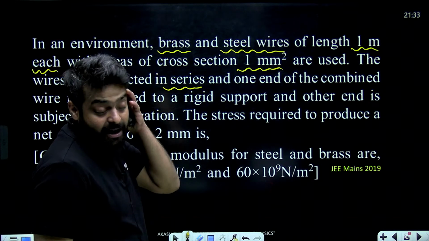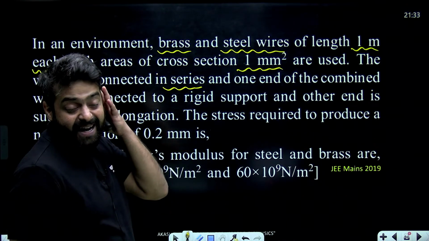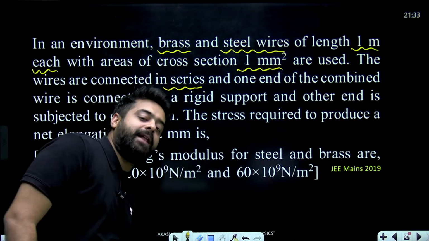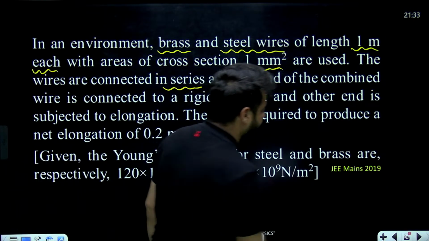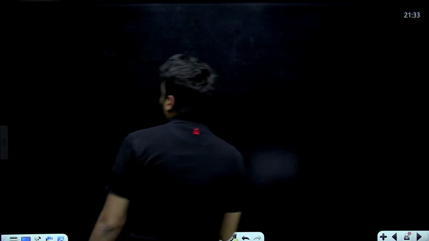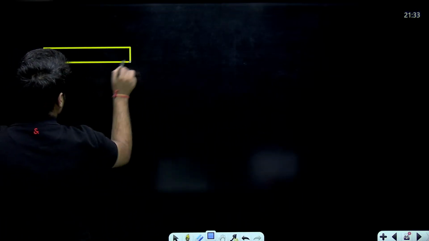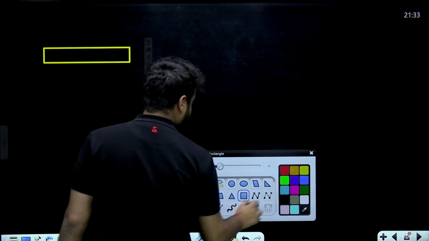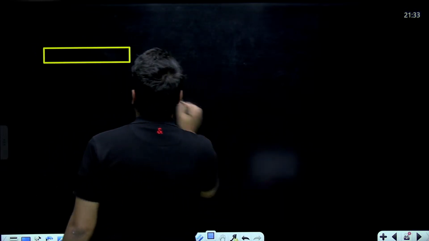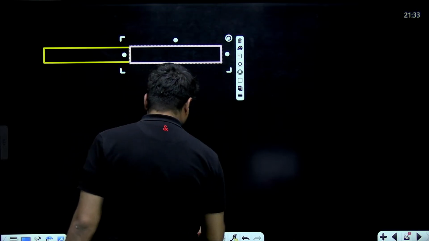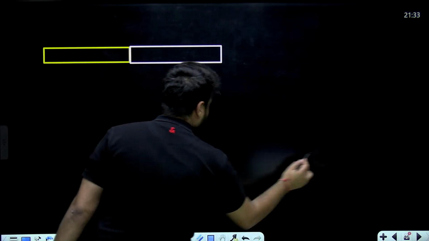You can solve through this method or any other method, but I prefer you just convert this rod into the spring concept. So there is a brass rod of same cross section area, and then there is a steel rod. Length for both the rods is the same.